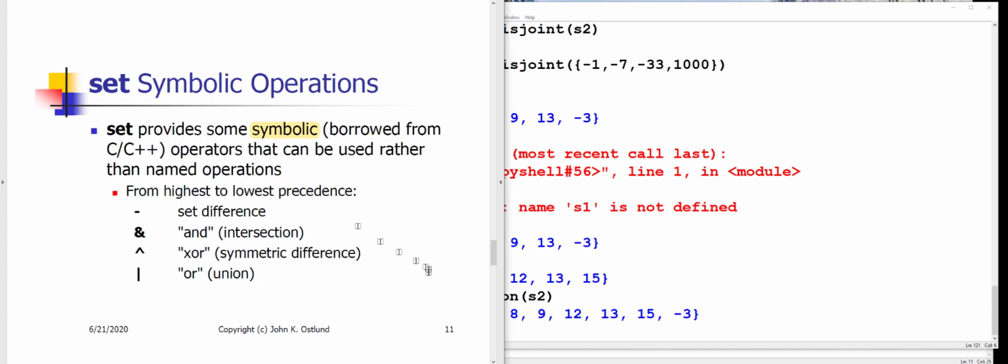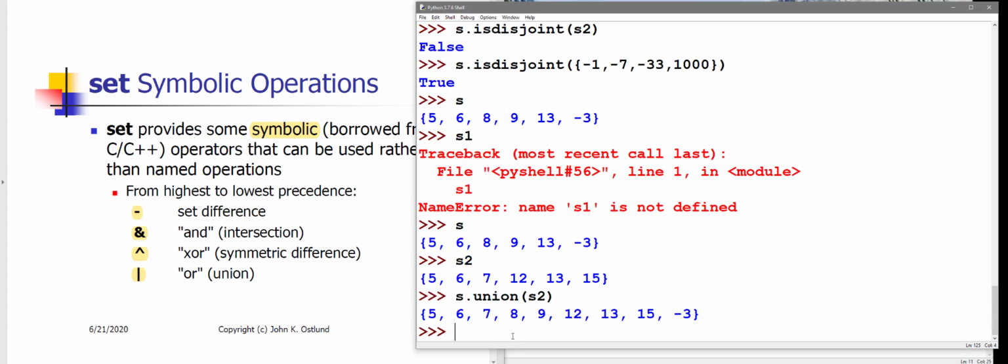Rather than using these lengthy names, intersection, union, symmetric difference, and so on, there are several symbols that we can use instead for some, but not all, of these set versus set operations.